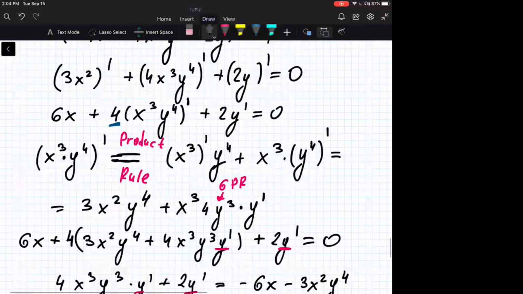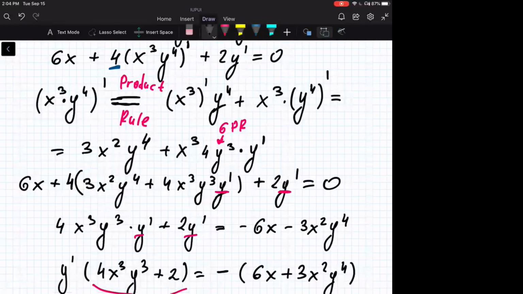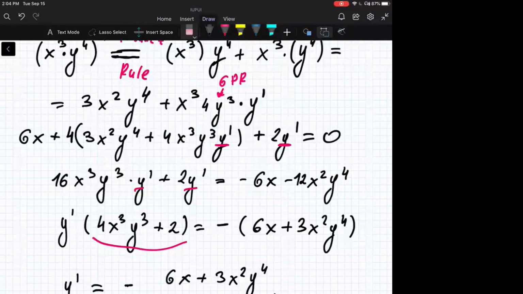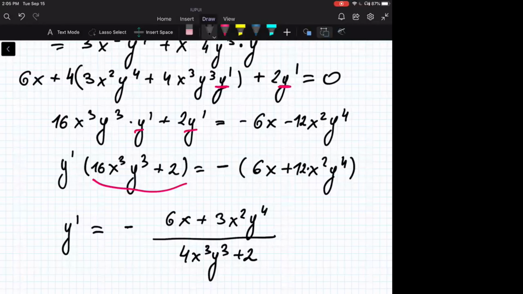Yes, so it will be 16 here, and it will be 12 here. Sorry for that. 12 here and 16 here.